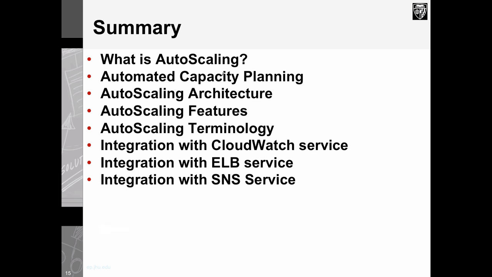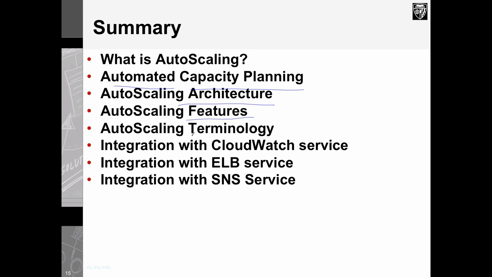So in summary, we talked about autoscaling and its features, we understand autoscaling architecture, we understand how to set up autoscaling for our infrastructure, we understand the challenges of traditional capacity planning, and now we know how autoscaling can help us achieve some of those capacity planning goals.